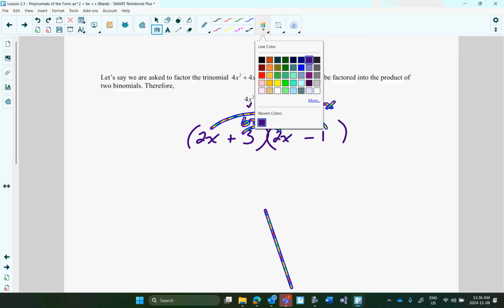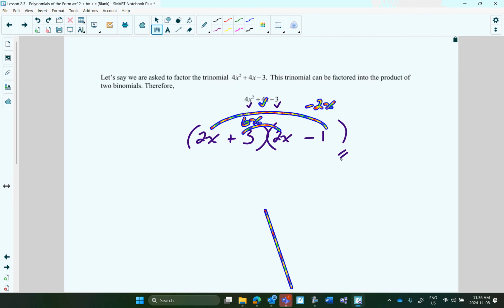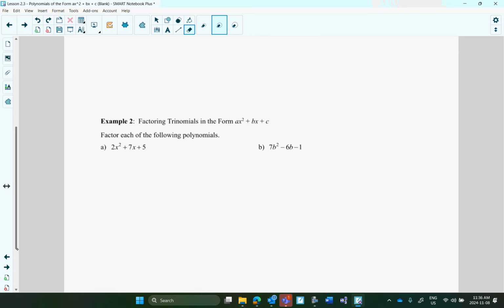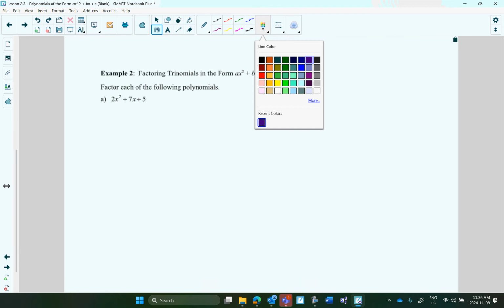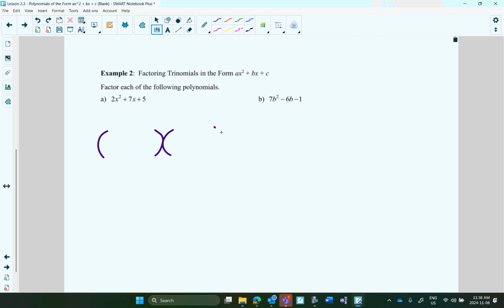Let's try one more together before I let you go on one. So again, what's the first thing we're going to write? We're going to write 2 sets of parentheses. Now we got to figure out what goes here.